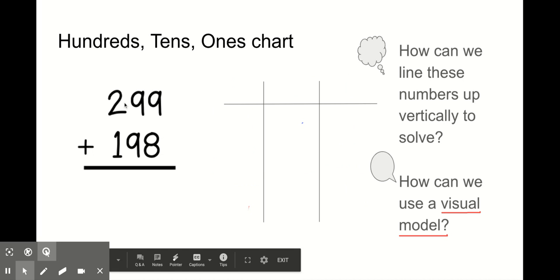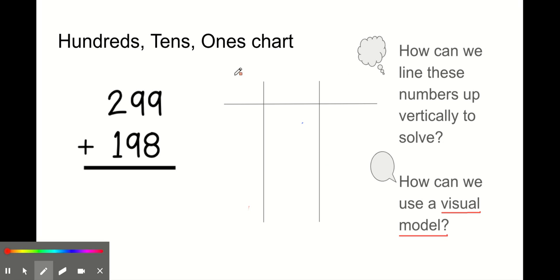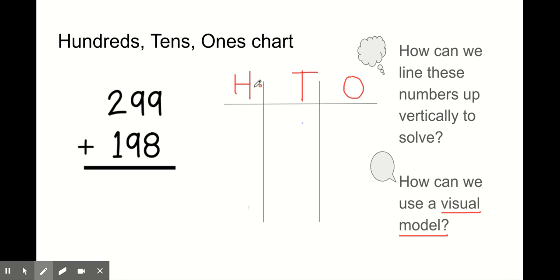This time, we're going to use our hundreds, tens, ones chart in a visual way. We're going to do this by making a model with blocks.